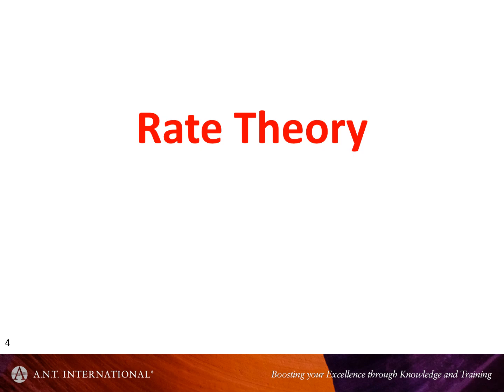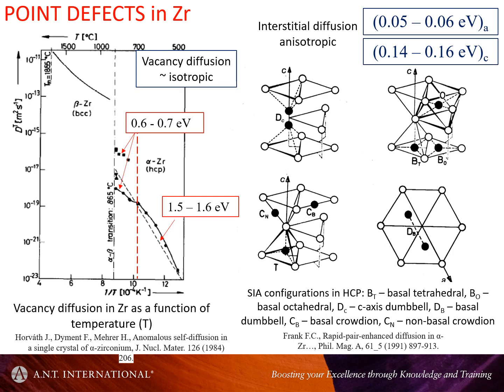So how do we relate all the microstructure variables to the actual behavior in reactor? Now I'm going to shift to in-reactor deformation, not post-reactor, post-radiation creep testing. And I want to talk about rate theory, which is a very simple way of assessing how a material behaves.